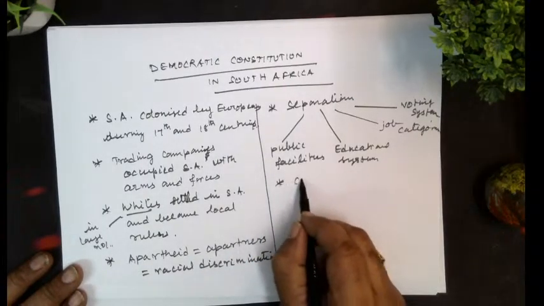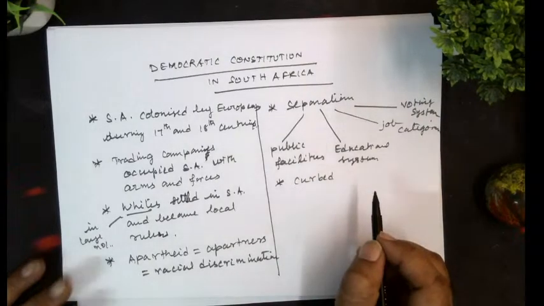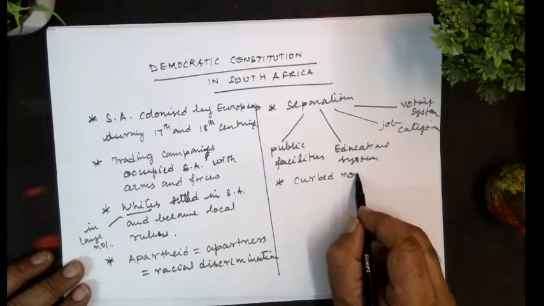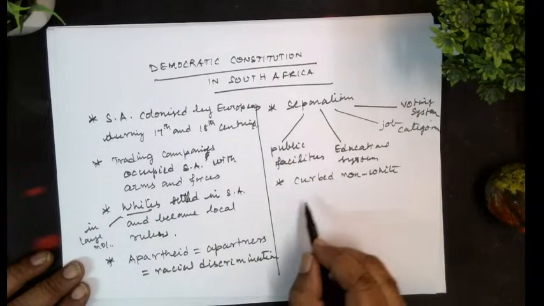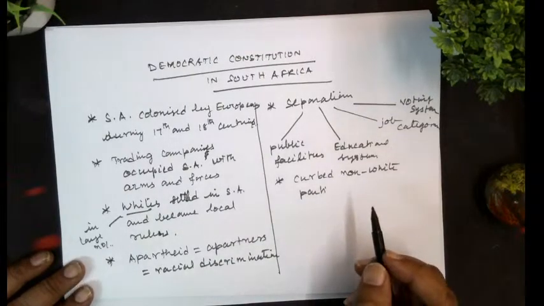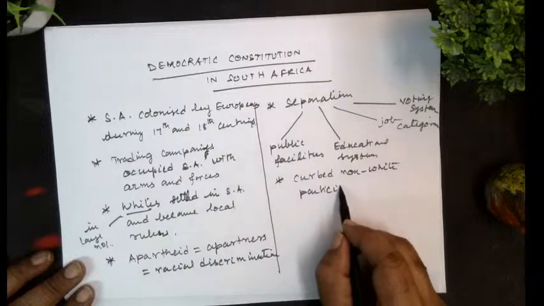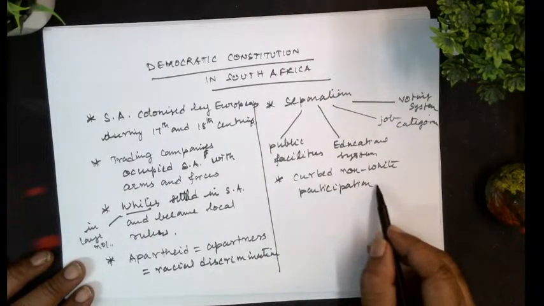So they curbed, means controlled, non-white participation in government, so that they cannot be rulers in the government.